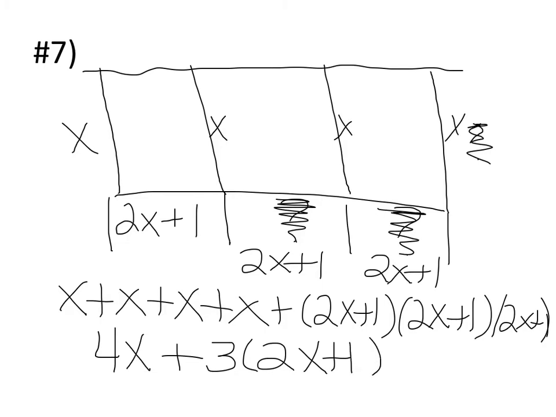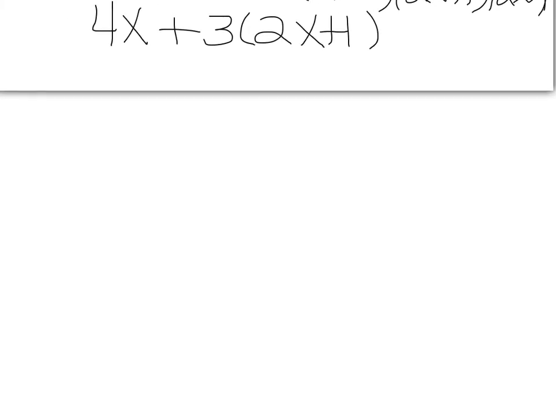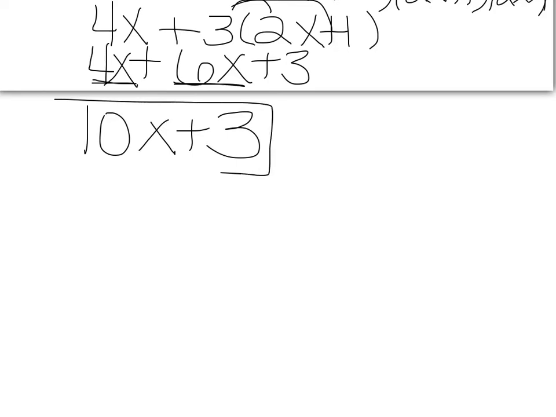Either one of those situations will work. Either way, you'll get the same answer. So I'm going to go with the second equation. So I have 4x plus, distribute the 3, 6x plus 3. Combine your like terms. 4x plus 6x is 10x plus 3, and that's how much fencing you would need.